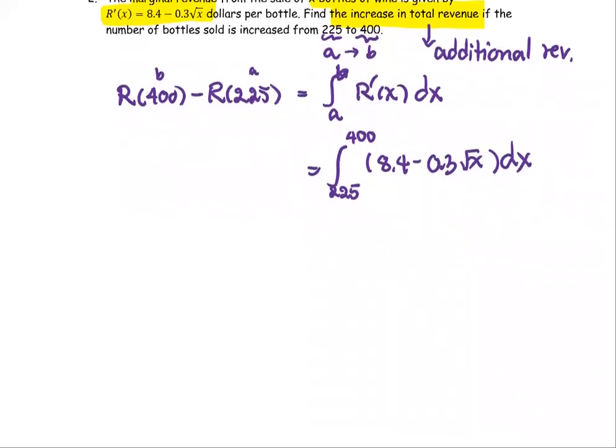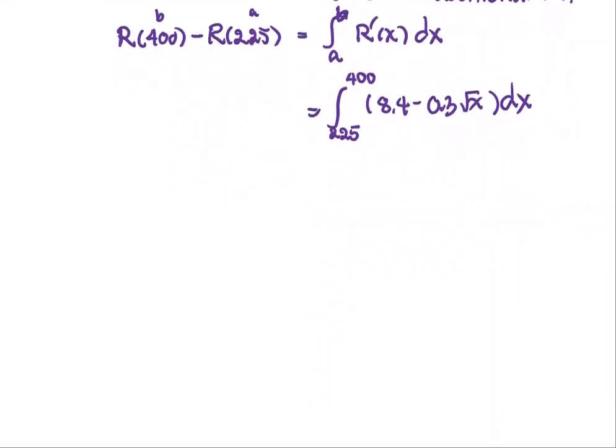What we have to do is find the antiderivative of these two terms and evaluate at 400 minus evaluate at 225. So the next step, we find the antiderivative of 8.4, which is the constant term, to get 8.4 multiplied by x.